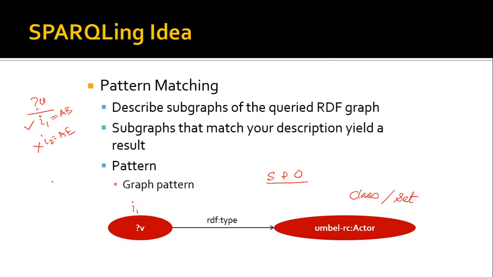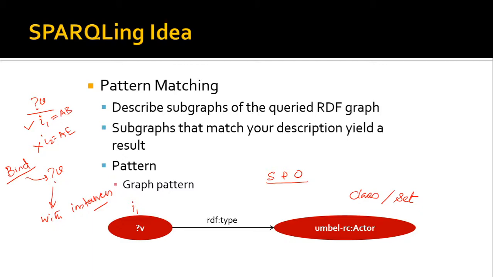So what we are doing here, while we are trying to move this pattern to check whether this pattern is matching any part of the entire RDF database or graph, we are trying to bind this V. So this is what we call binding. We are trying to bind V with concrete instances like Amitabh Bachchan, Albert Einstein, and so on and so forth.